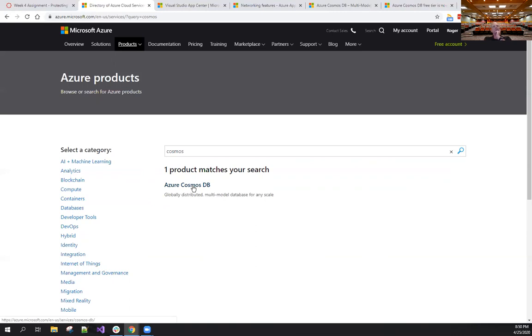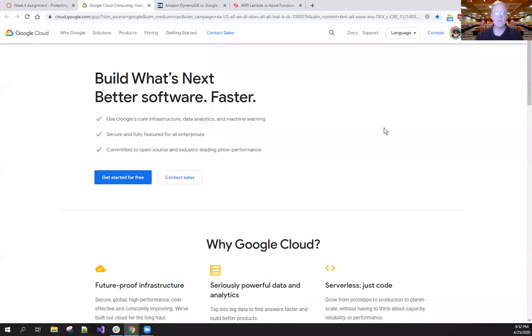What's it going to come down to? Pricing? They got free tiers. How do you choose between Amazon and Microsoft Azure? I don't know just yet, because we're not done. Got one more to do, which is Google Cloud Services.